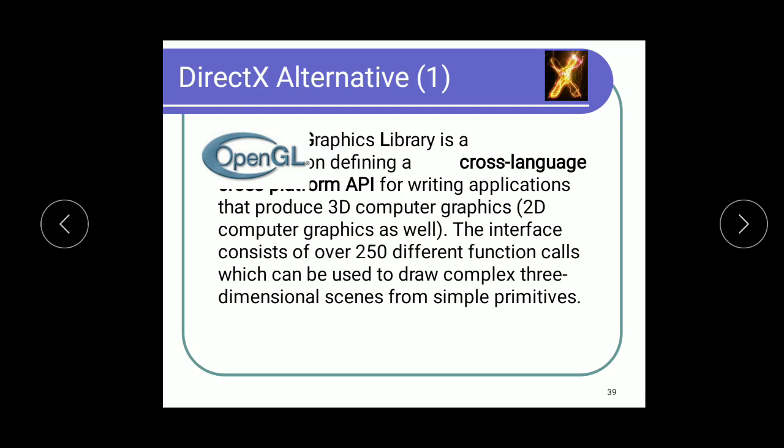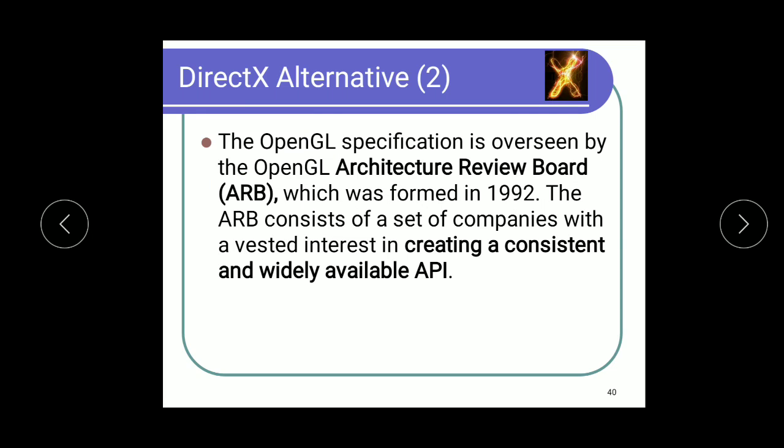OpenGL specification is overseen by the OpenGL Architecture Review Board, which was formed in 1992. The ARB consists of a set of companies with a vested interest in creating a consistent and widely available API.